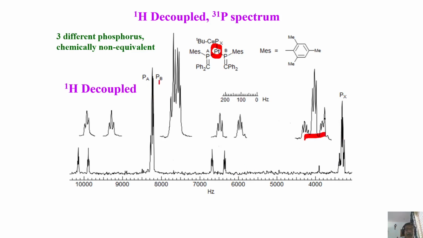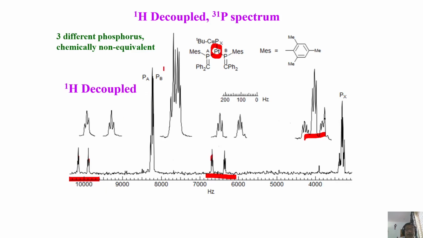For this Pa and Pb, you get 2 satellites. How can we get 2 satellites? That means you have 2 phosphorus chemical shifts more or less overlapped, but interestingly, their couplings to platinum are different. One coupling may be this, other coupling may be this.